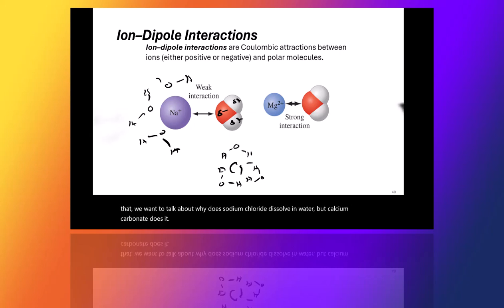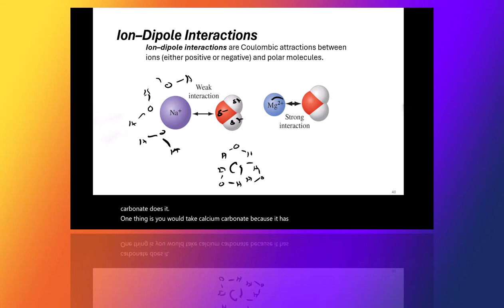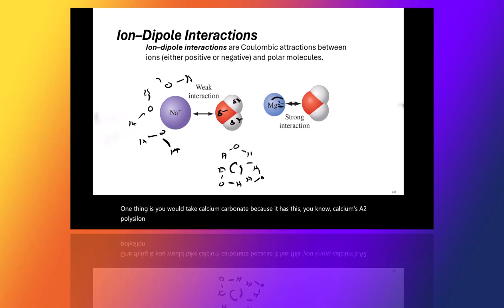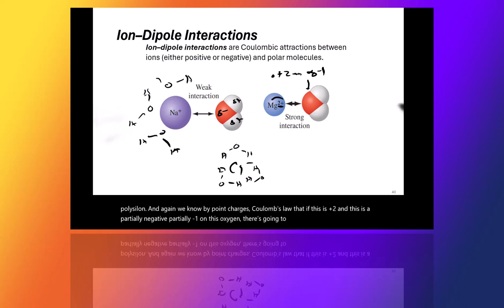One thing is, you would think calcium carbonate would dissolve, because calcium is a 2 positive ion. And by point charges, Coulomb's law, if this is positive 2, and this is a partially negative 1 on this oxygen, there's going to be a stronger attraction than a positive 1 on the sodium and a partially negative charge on the oxygen.